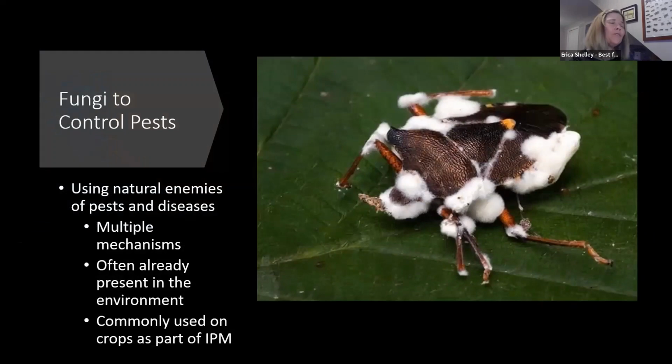But what we were really interested in was whether those fungi that were being used to kill pests and diseases on crops could actually be used to control Varroa mites. And the fungi, this is really cool. They get on top of these pests, and they use two methods to invade the pests.